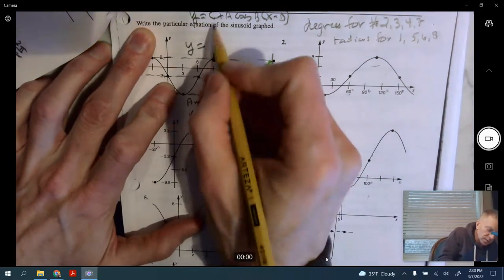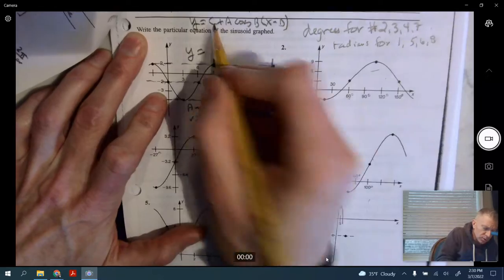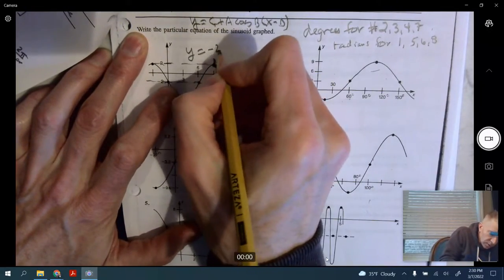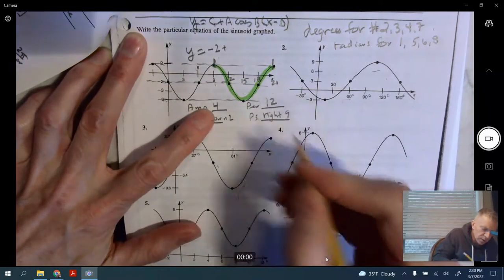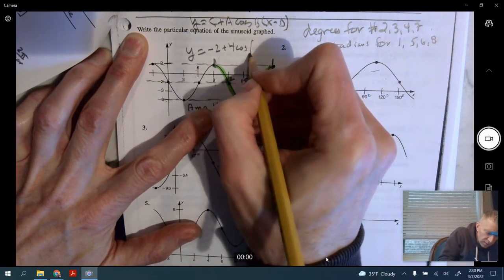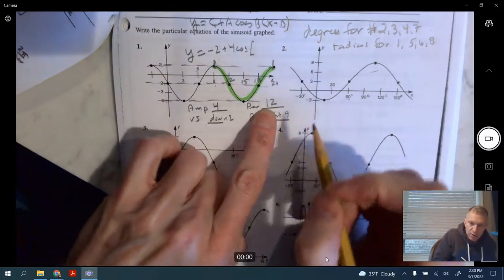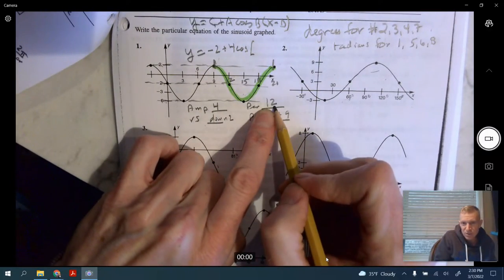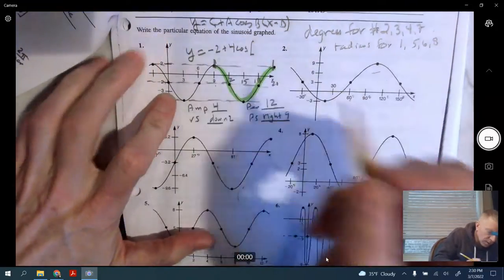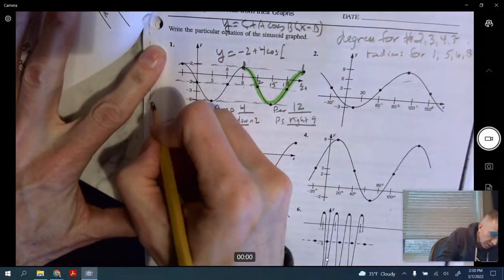Okay, so y equals c. C is your vertical shift, which was down 2, so -2 plus my amplitude, so 4 cosine of b. Okay, we have to calculate b, and this is where it's key to know that this one's in degrees. So b, running out of space, let's do it over here.